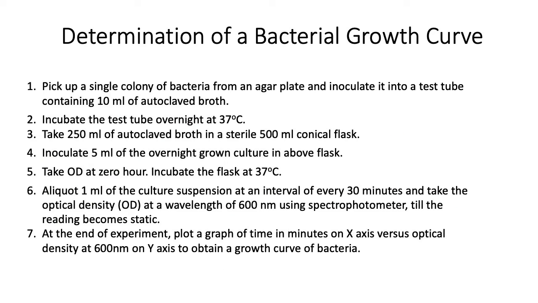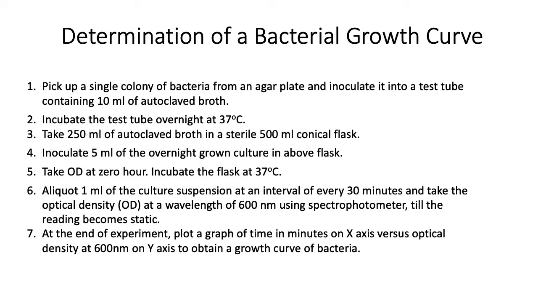In real life, what you do to measure this is to start from a single colony. You put it in a small amount of broth, let's say 10 milliliters. You culture it overnight, so then you get the culture going, and then you take a larger volume of broth, let's say 250 mils.